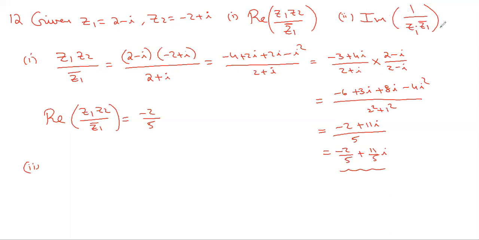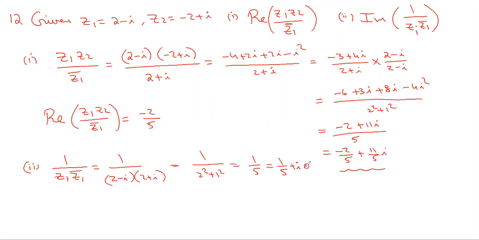You can directly say the answer as 0, but let us write some steps. 1 by z1 into z1 bar: z1 is 2 minus i, z1 bar is 2 plus i, equal to 1 by 2 square plus 1 square, which is 1 by 5, which is 1 by 5 plus i into 0. Therefore the imaginary part of 1 by z1 into z1 bar equals 0.